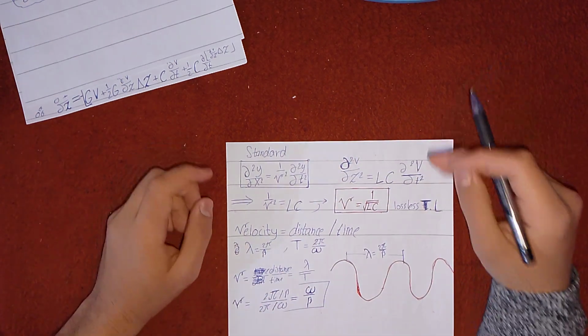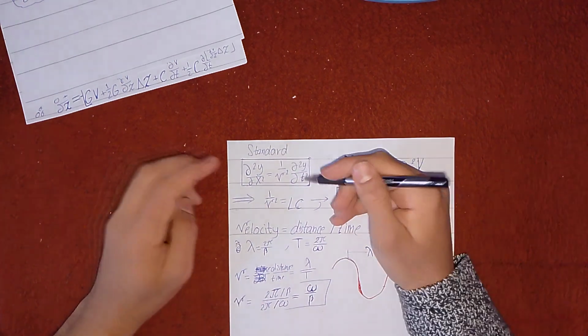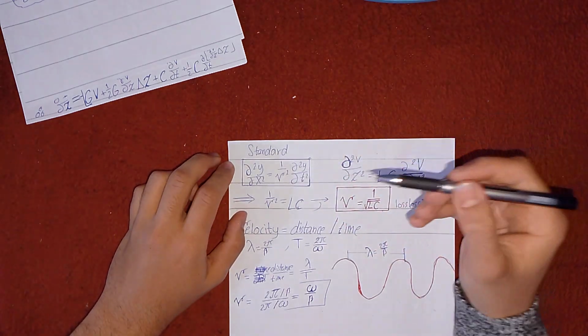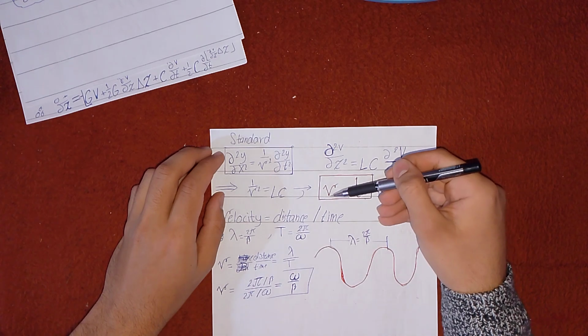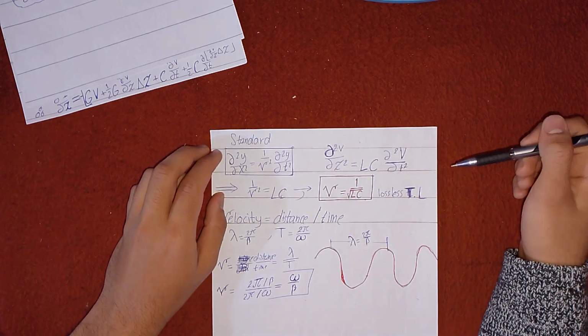If we compare our equation with this standard equation, we notice that 1 over v squared is equal to LC. So the wave velocity is equal to 1 over square root LC.